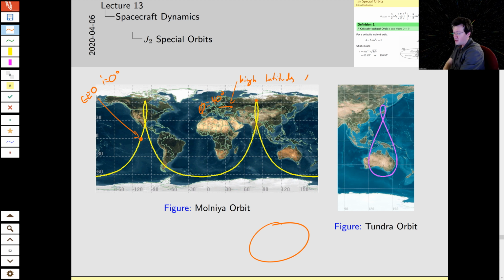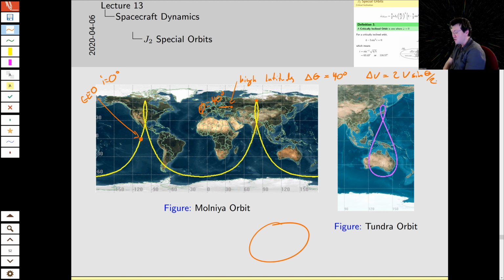And as we remember, a plane change maneuver of 40 degrees is very expensive. Remember, delta V equals 2V sine theta over 2, I believe it was. Something like that. So sine of 20 degrees is relatively large, so this is a very expensive plane change maneuver.